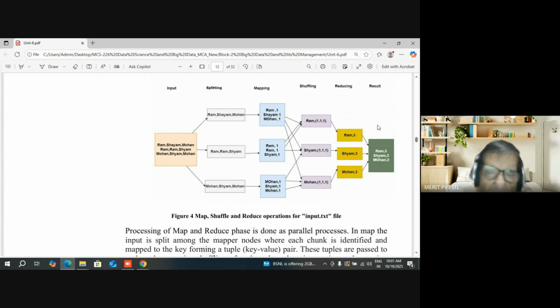Ram, Sham, Mohan, and so on. So इसको break कर दिया. Ram, Sham, Mohan, Ram, Sham, these are broken up and all that. Then ultimately Ram 3, Sham 3, Mohan 3 there. 3 Ram थे, 3 Sham थे, 3 Mohan थे. वो ऐसे final आ गया.